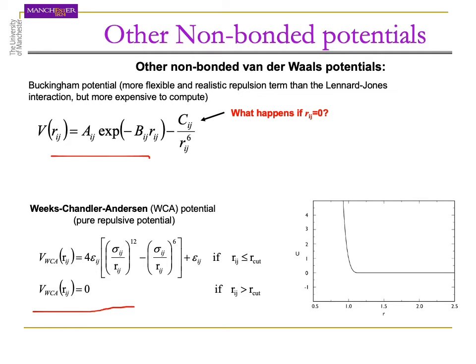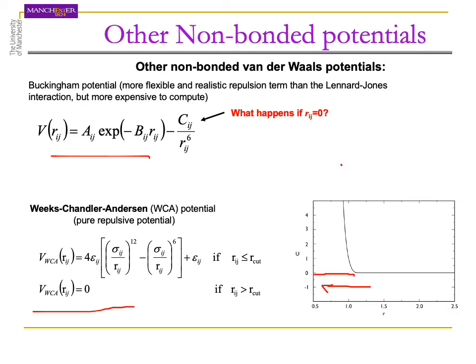With respect to the WCA potential, you can see that this is a purely repulsive potential because it starts from plus infinity when r approaches 0 and then decreases towards 0. So there is no attractive part.